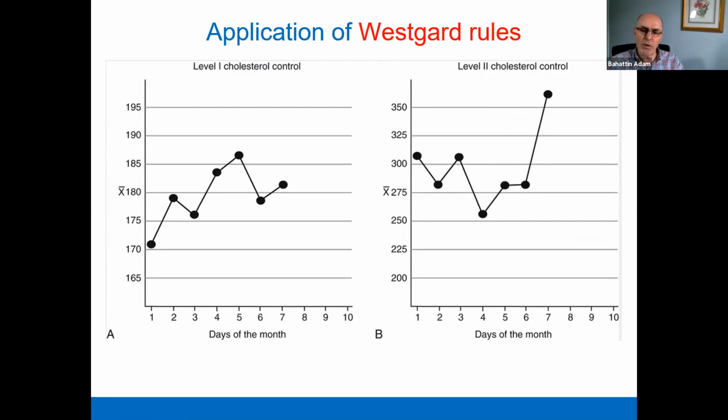If one of your controls exceeds 3 standard deviations, as we see here, 1, 2, 3, at day 7 one of your controls exceeds the 3 standard deviation. What does this mean? This is the 1 3S rule. One time exceeding the 3 standard deviation is a violation.